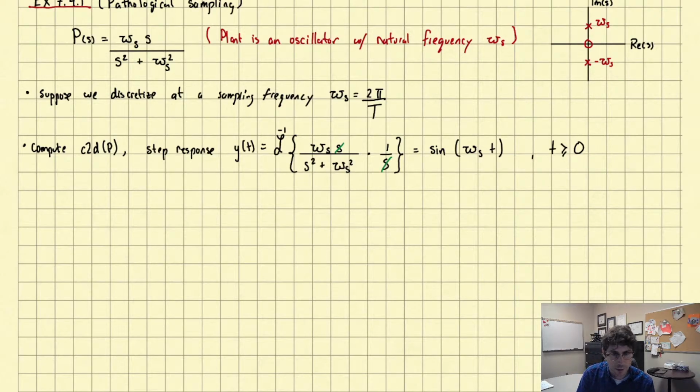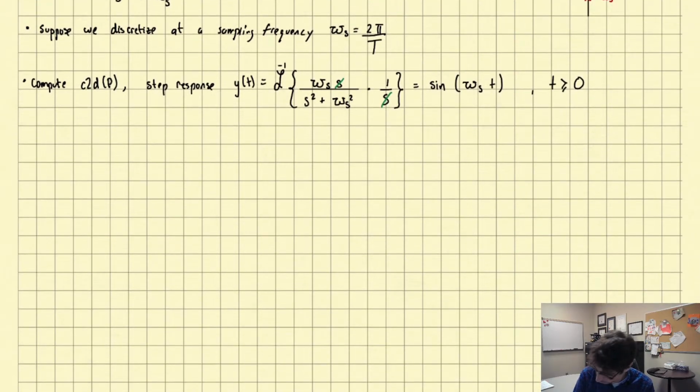And if we want to find the discretized plant, well, we have to sample that signal and then take its Z transform. So if we sample now, we take the continuous time step response, and we replace the time variable with k times the sampling period.